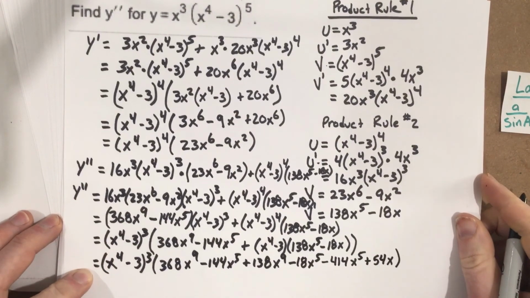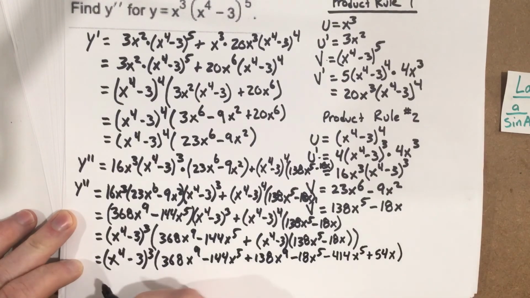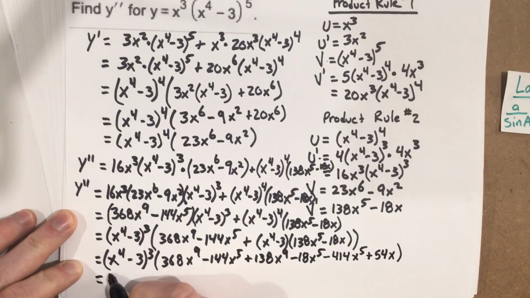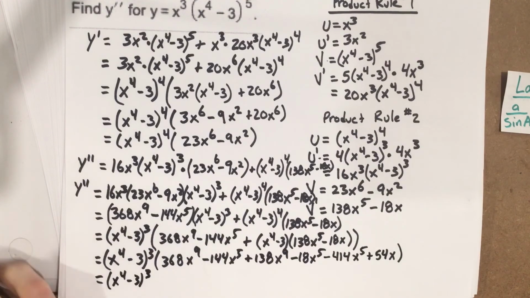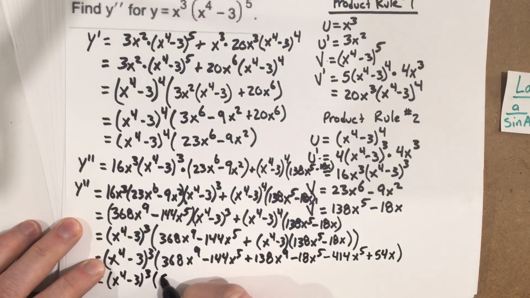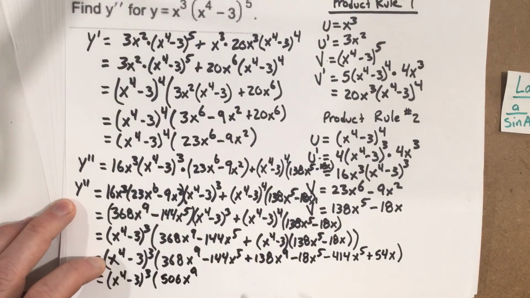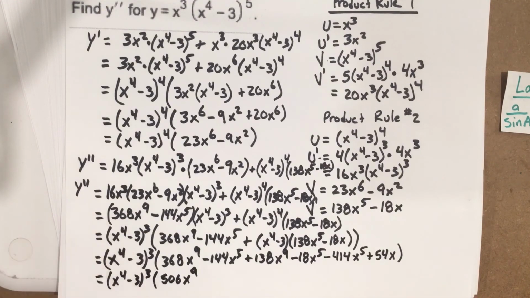All right, I'm going to slide up just a hair, and we've got basically one line left if we do it correctly. So (x to the fourth minus 3) cubed. We can combine the x to the ninths. So 368 plus 138 is 506x to the ninth. And we can combine the negative 144x to the fifth, the negative 18x to the fifth, and the negative 414x to the fifth.